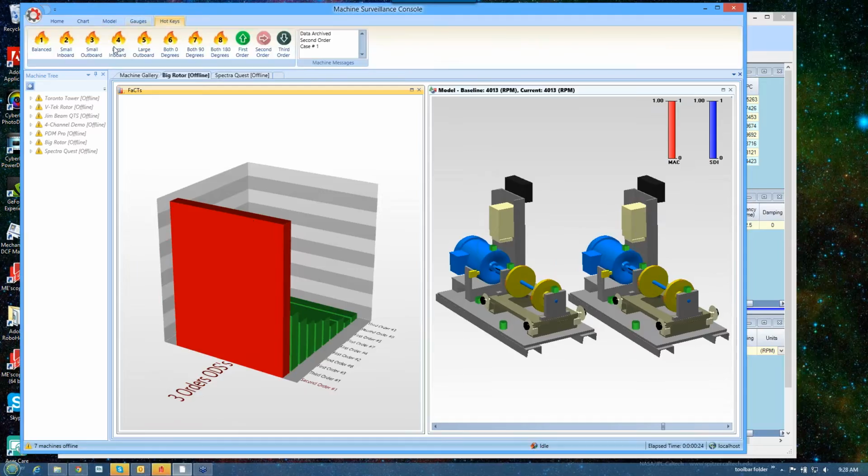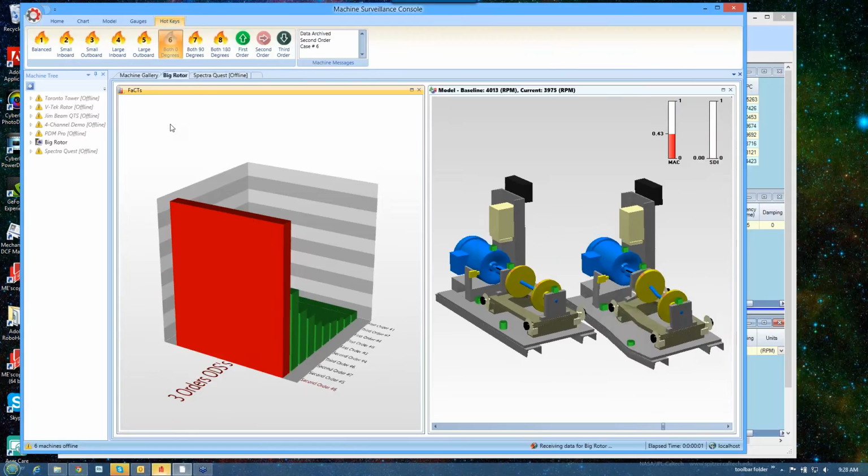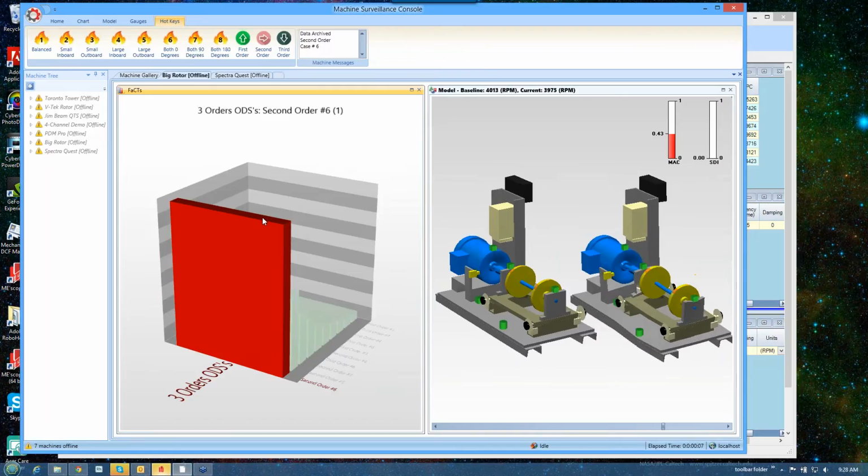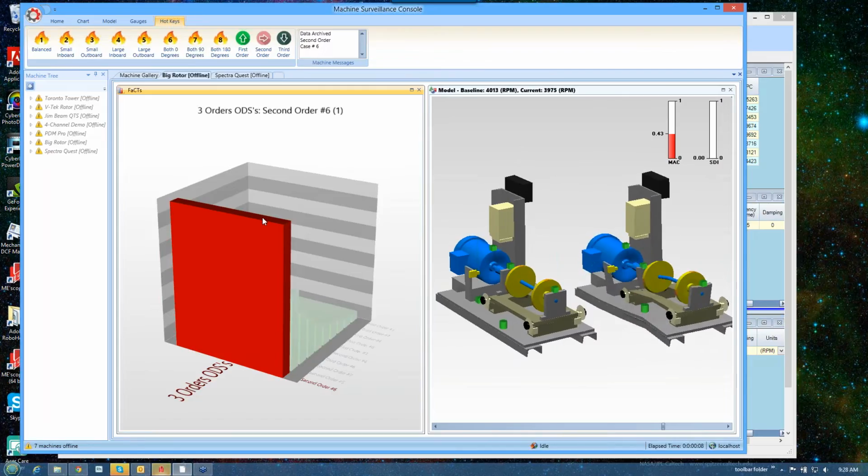So now we can go back and we can try any one of these cases. Let's just try case 6 again, which is a severe unbalanced case. So there it goes. There's the animation just really moving around. And the SDI value is very small, and it's saying second order matched up with case number 6 in the database.